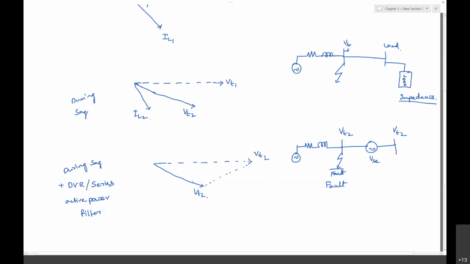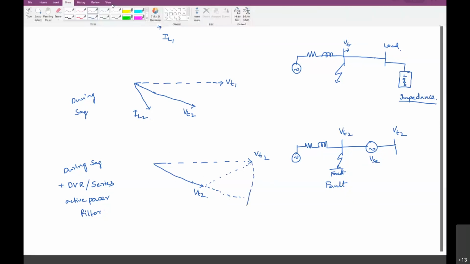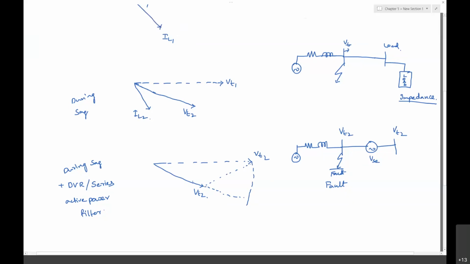Assume that in the last class what I explained was that I injected the voltage in phase with respect to the VT2 voltage. The injection of the load voltage by the series active power filter is in this phase. This is about the series device.